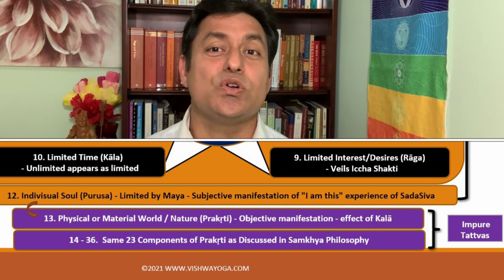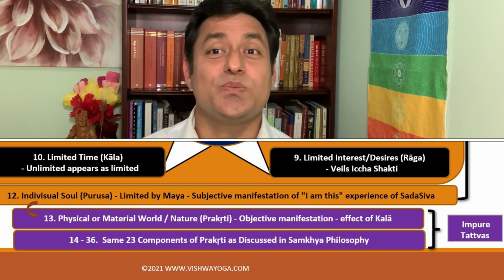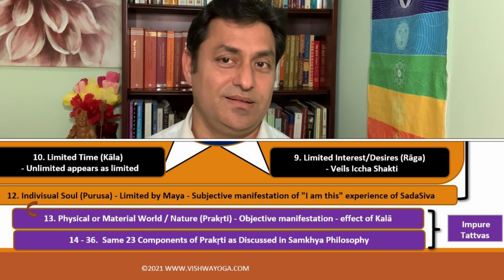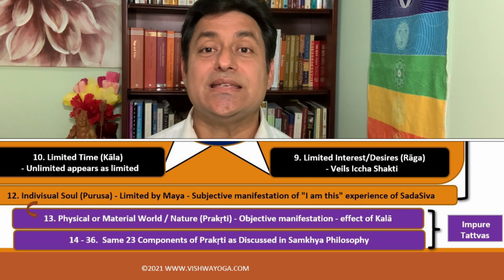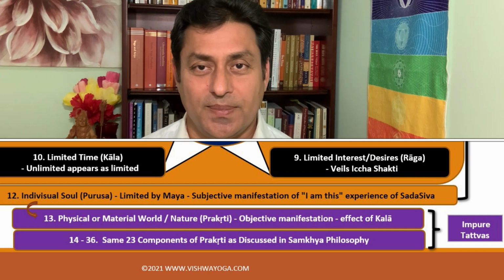Prakriti is the root of all objectivity. Thus, each Purusha is the experiencer or Bhokta, and Prakriti is the experienced or Bhogya.